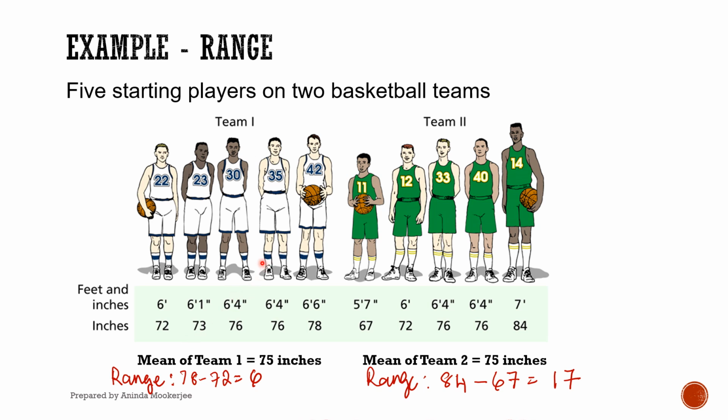However, look at the heights of each member in team 1 and each member in team 2. We see that in team 1 the players are more or less the same height. The heights of individual players are closer to each other than that in team 2, right?